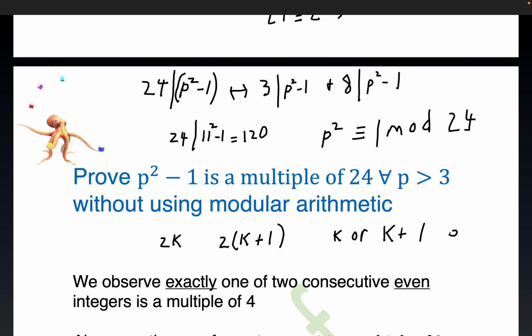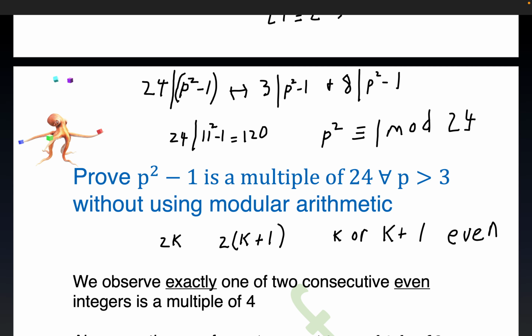So you see, you kind of piggyback on that, which is a known truth. Okay. So whichever one, if k were even, this would be a multiple of 4. If k plus 1 were even, this would be a multiple of 4. And exactly one, because if k plus 1 were even, then k would be odd, right?